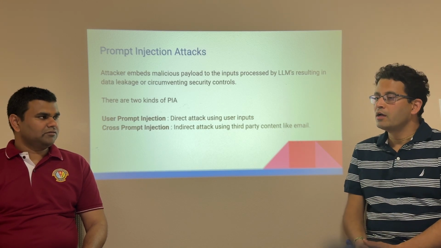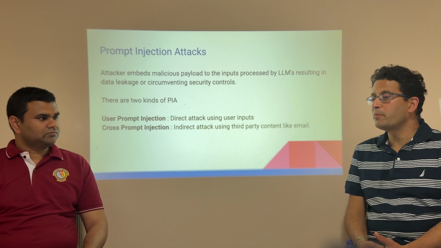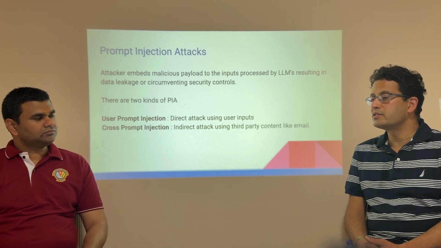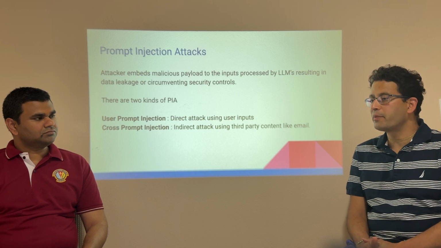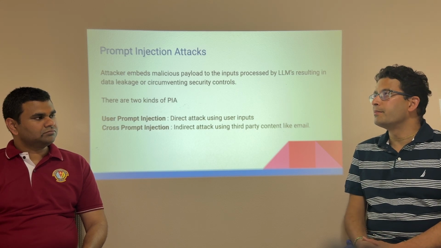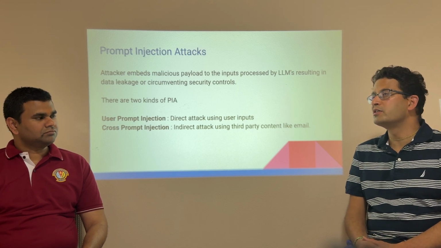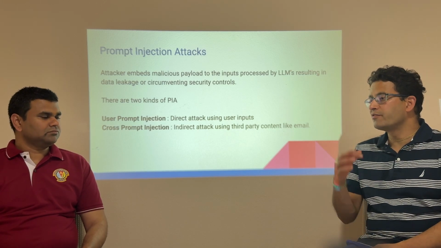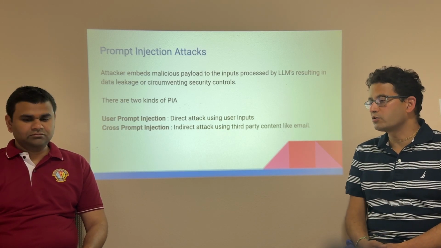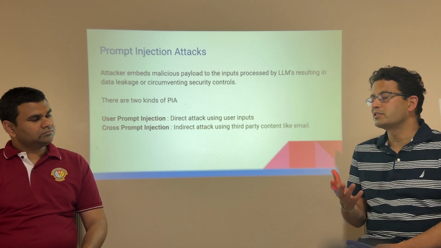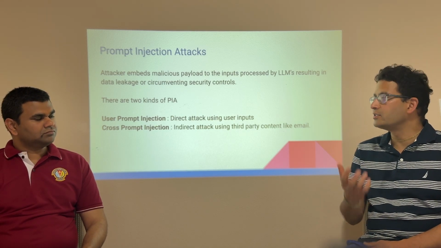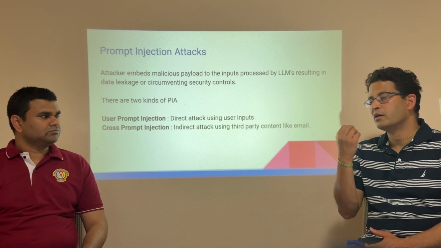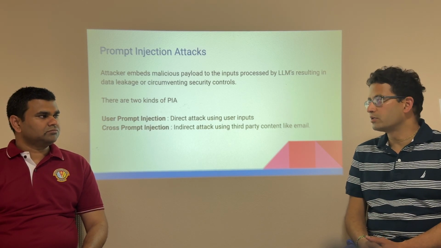Cross prompt injection is where a malicious payload is embedded by a third party in some other form which is not directly visible in the user prompt. It can come from an email, from summarizing a document, or when you upload a document and the system scans through it and executes some part of it.